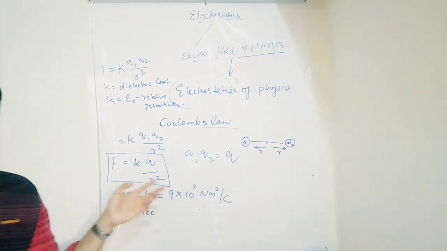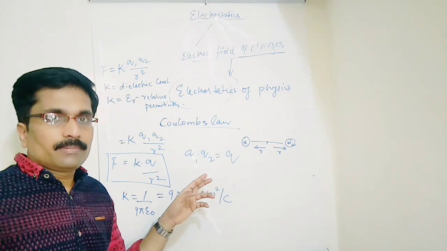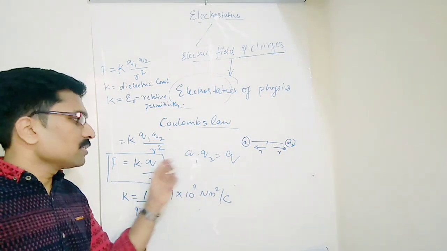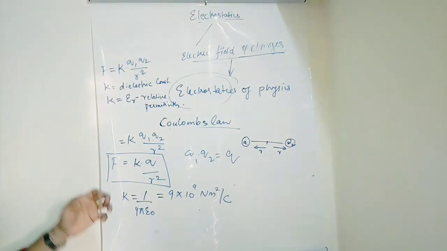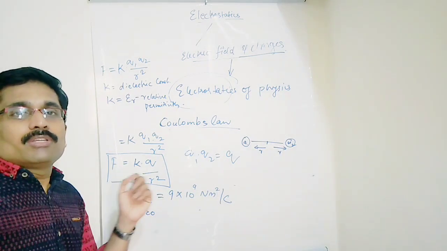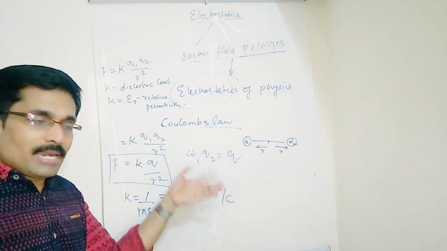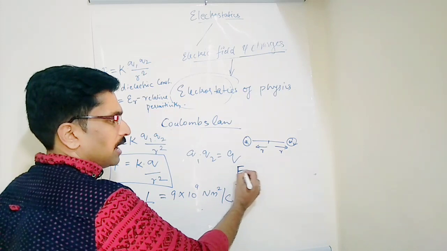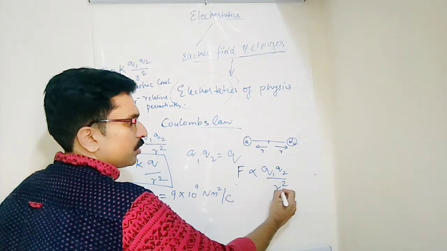They are negligible at the point in an electric field, and they are denoted by small q. So here we are considering two test charges, q1 and q2, and the force of attraction F between the two charges is directly proportional to the product of q1 and q2, and inversely proportional to the square of the distance between them, which we have said as F directly proportional to q1 q2 by r square.